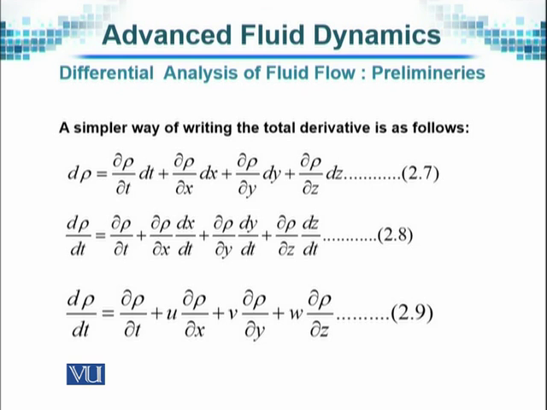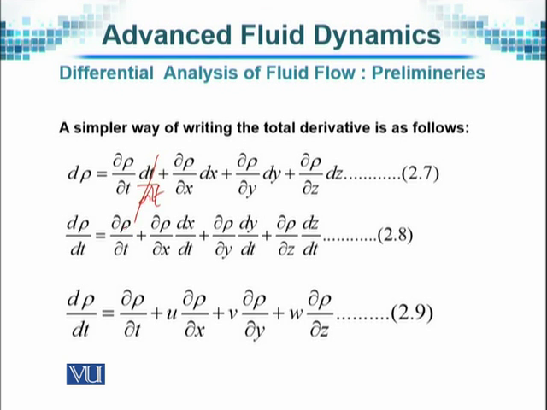We write simply d rho, and that is equal to the partial derivative of rho with respect to time times dt, that is the local derivative times dt, and similarly with respect to x, y, and z. And this can also be written as d rho by dt, that is we are dividing throughout by time. So when we divide this by dt, you can see that this cancels out.